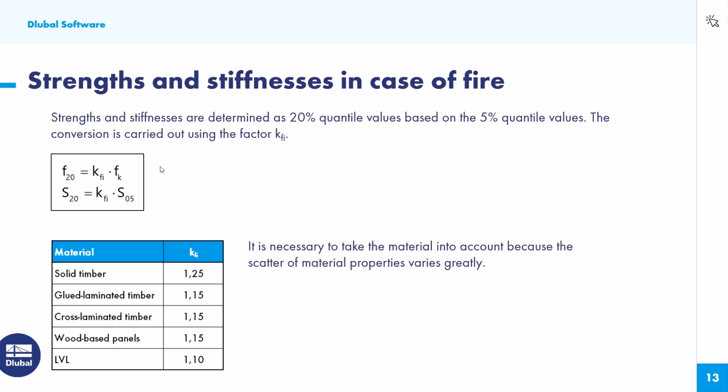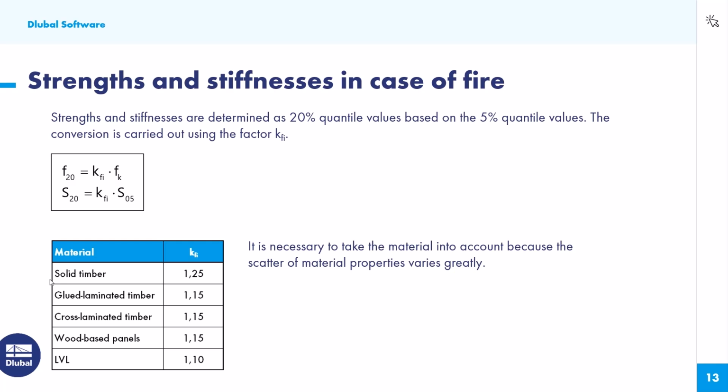Fortunately, there is no additional value in the material standards. Fortunately, they used this conversion factor k_fi, which helps us to keep this database as small as possible. And you see the 20% quantile value is dependent on the material.